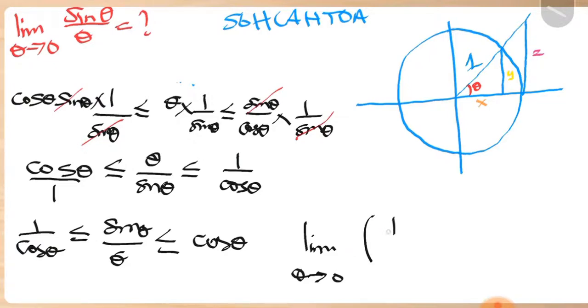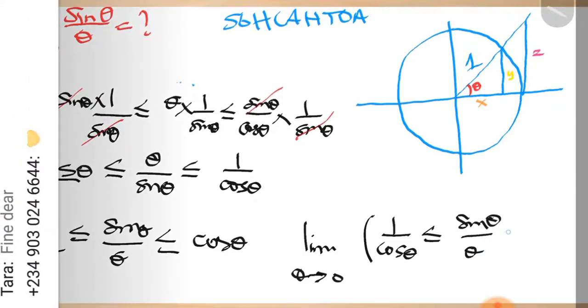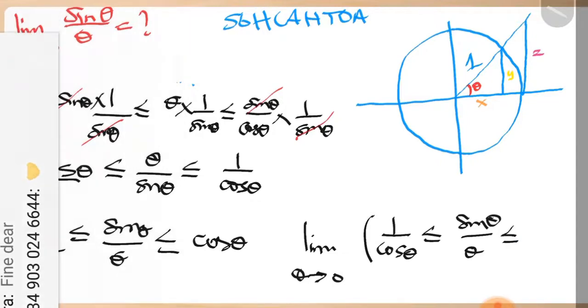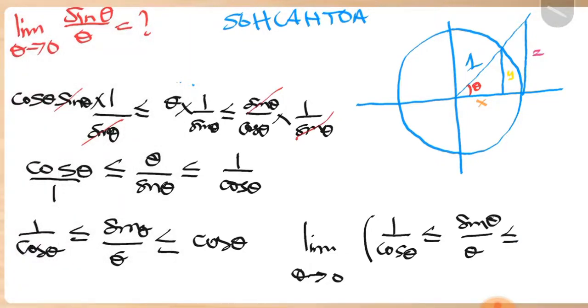So we have 1 over cos theta lesser than or equal to sin theta over theta lesser than or equal to cos theta. Now the limit as theta approaches 0 of 1 over cos theta.